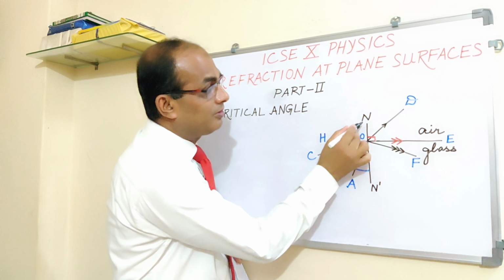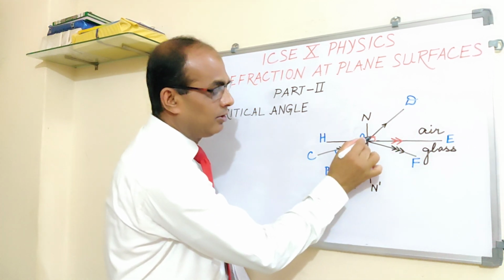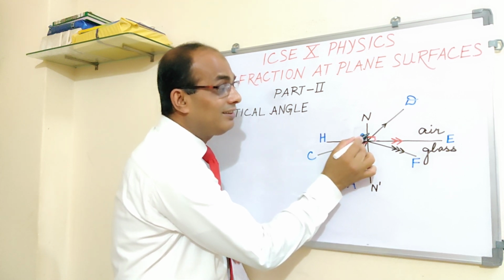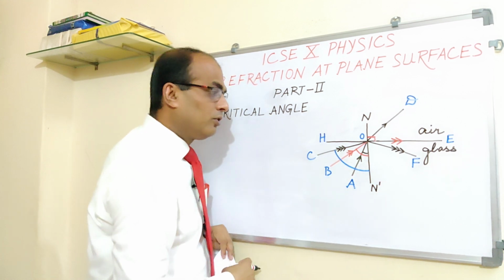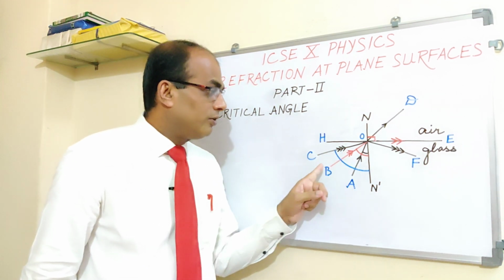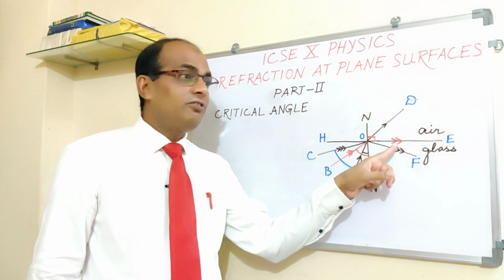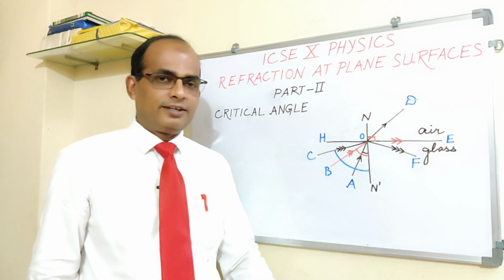Because this is the angle between the normal and the refracted ray. And what is the corresponding angle of incidence? This angle in red. So for this ray BO, the corresponding refracted ray is this, and the corresponding angle of refraction is 90 degree.